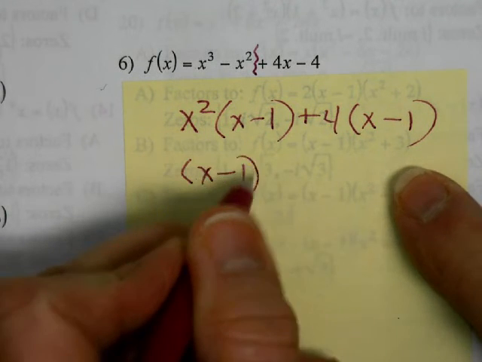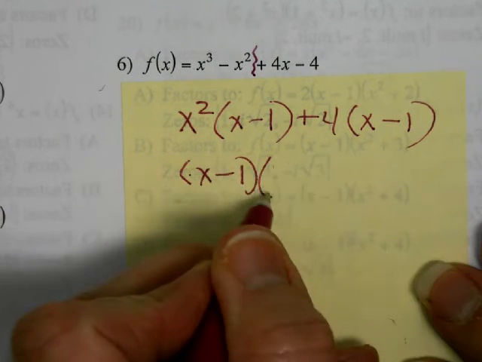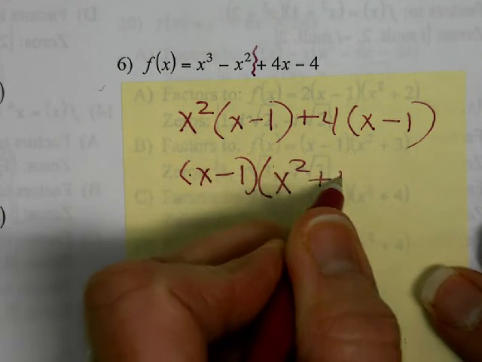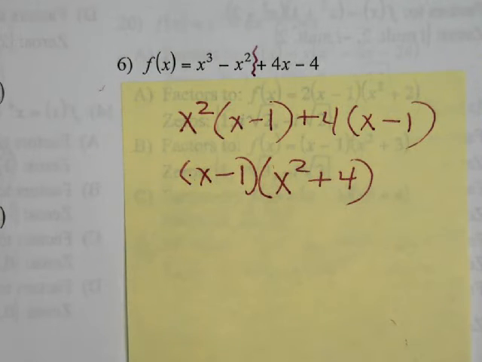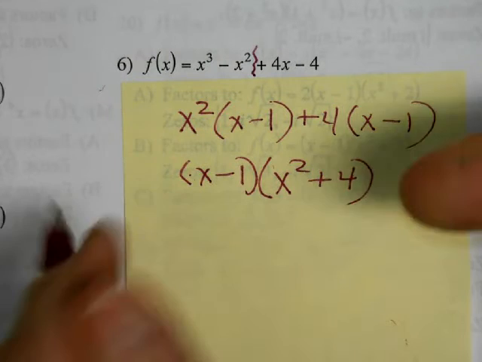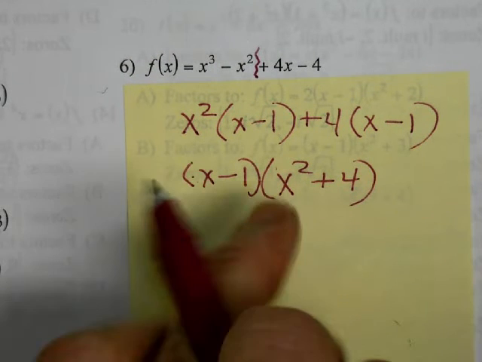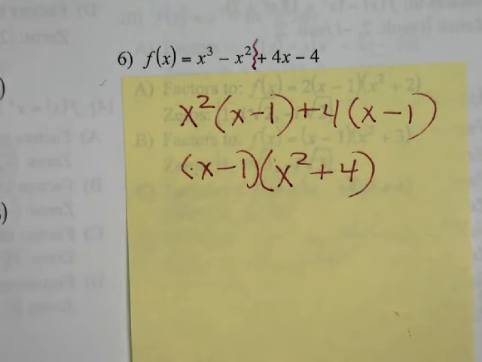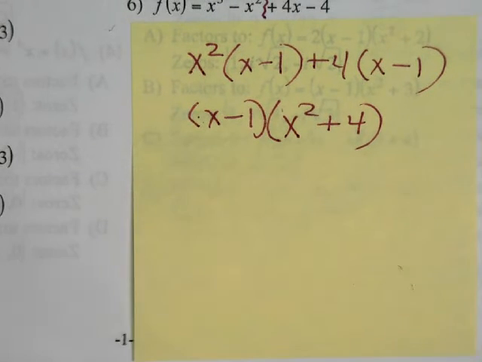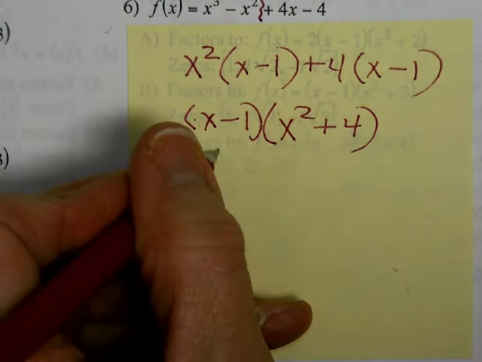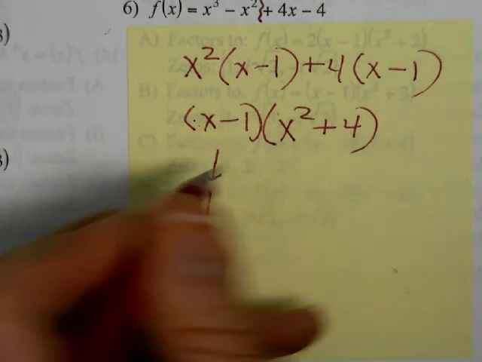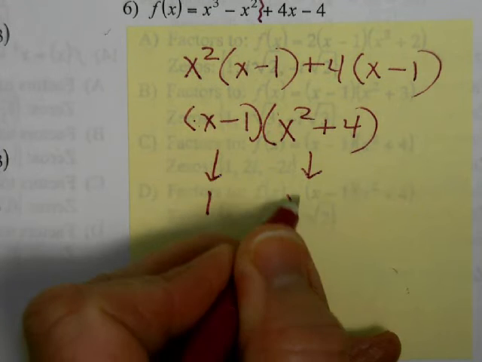We pull out that x minus 1 as the twin factor. We're undistributing. X squared plus 4 is left. So if this was the only set of factors in your choices, you can be done. But we'll go ahead and solve these for x in case there's more than one choice for factors. So x is 1 here.